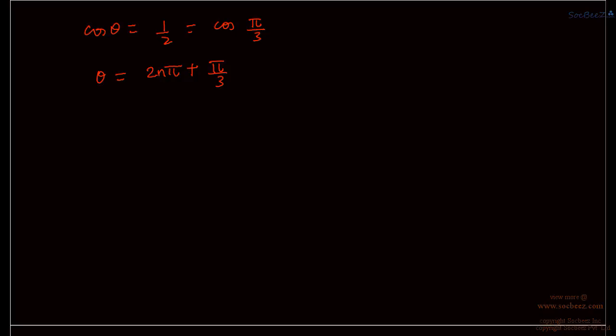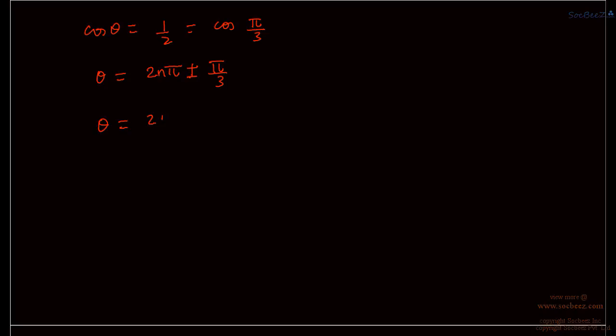Because cos theta equal to half can also be written in terms of cos of 2 pi minus pi by 3. I'm sorry, this is 2n pi plus or minus pi by 3, right? So let's put in the values of n here and see what solutions we get.